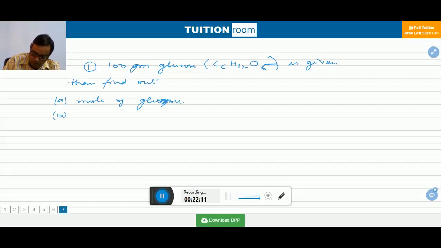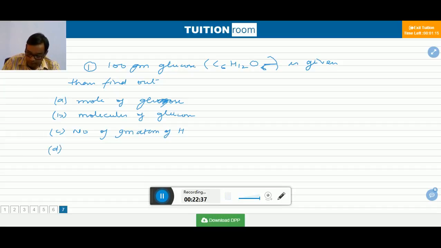B part, molecules of glucose. C part, number of gram atoms of hydrogen, and D part, number of atoms of oxygen. This is first question.